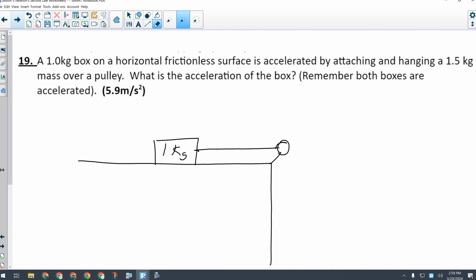That's a pulley, by the way. Over that pulley is a 1.5 kilogram mass. Assuming this thing starts at rest, what would be the acceleration of this box?